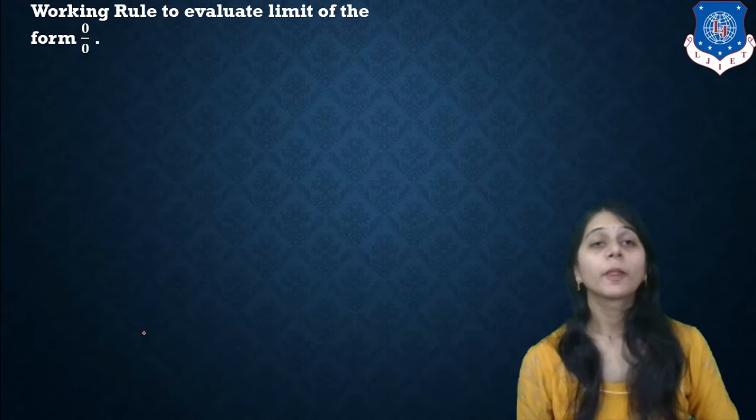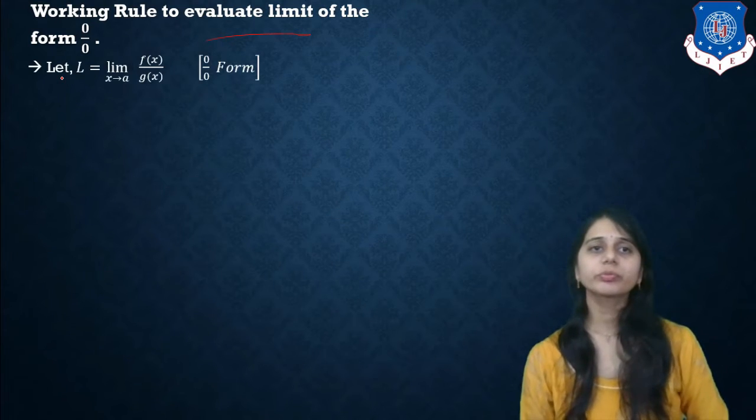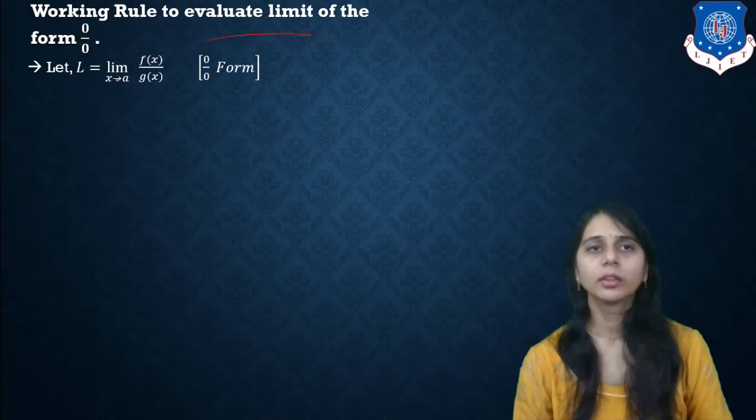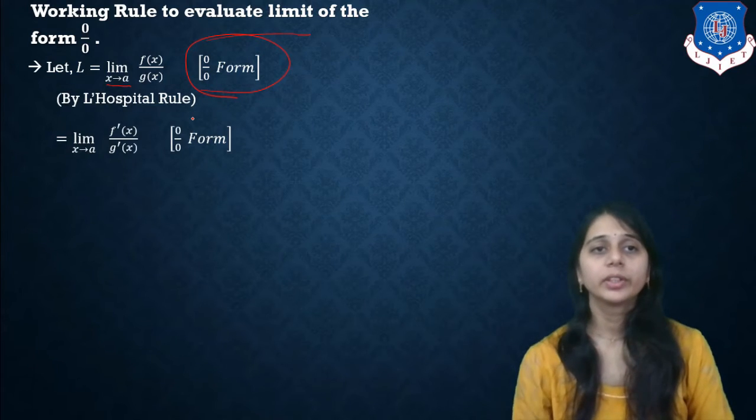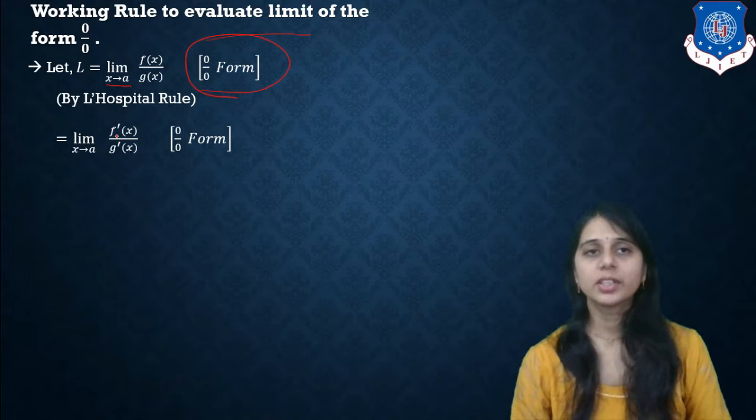Working rule to evaluate the limit of the 0 by 0 formation. We take limit x tends to a f of x upon g of x in 0 by 0 form, and apply L'Hospital's rule to get limit x tends to a f dash x upon g dash x.